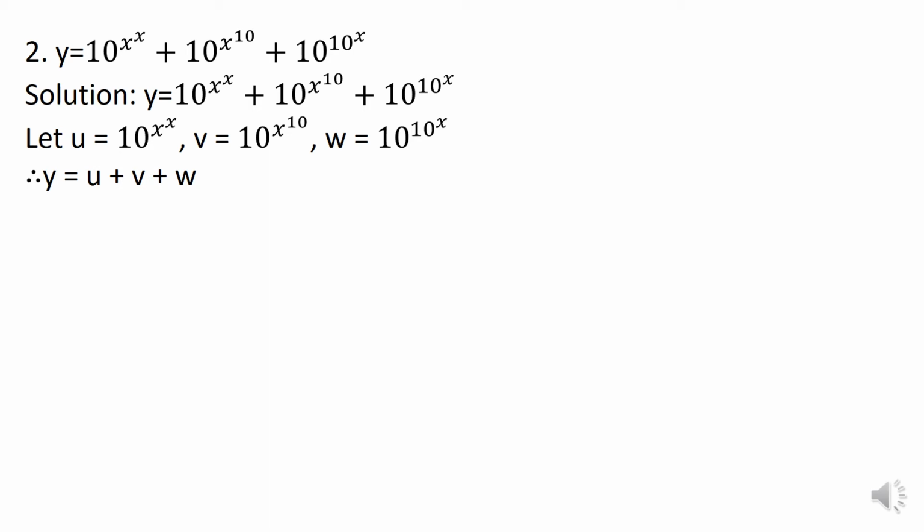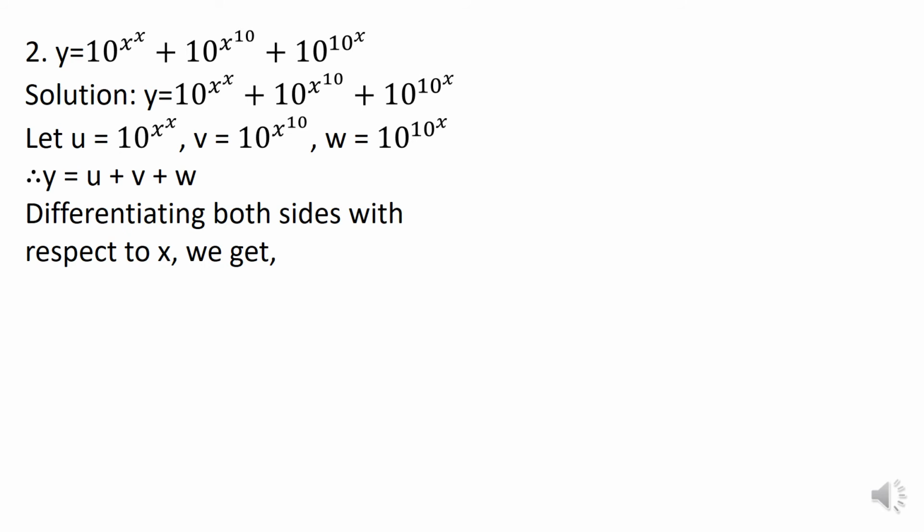Thus y becomes u plus v plus w. Differentiating both the sides, we get dy by dx is equal to du by dx plus dv by dx plus dw by dx. Now we find the individual answers for u, v and w upon differentiation.